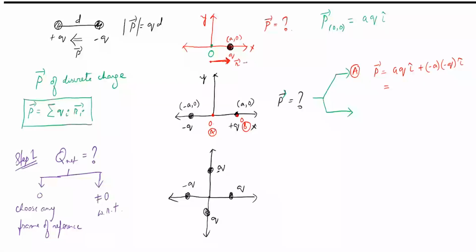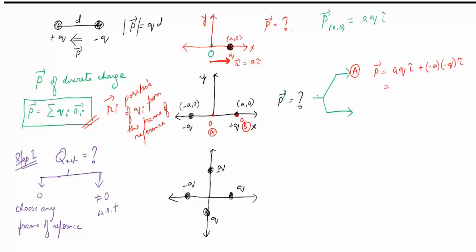A I cap, right? Why is it not the other way around? See the formula: ri is the position of qi from the origin, from the frame of reference. Now, can you understand? Yes, sir, I got it.